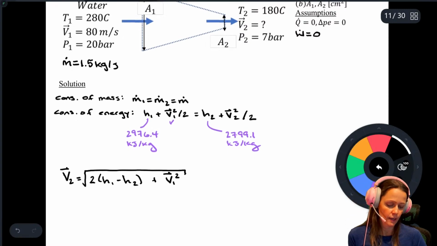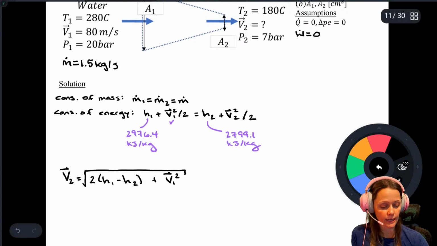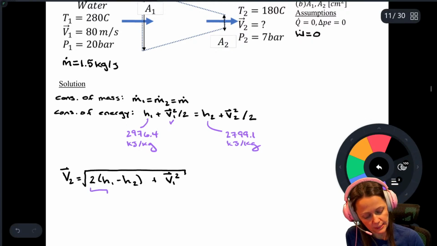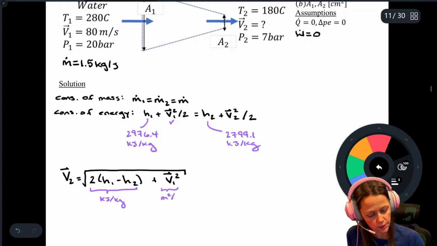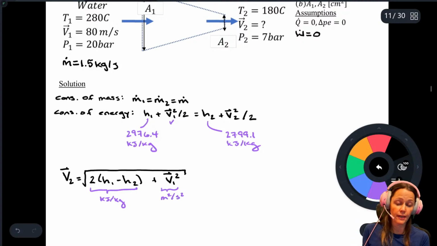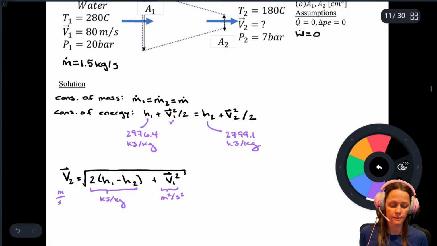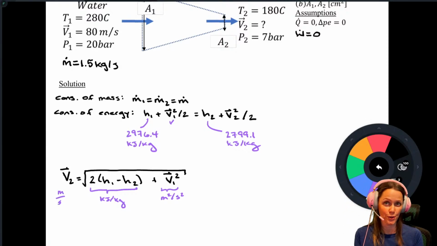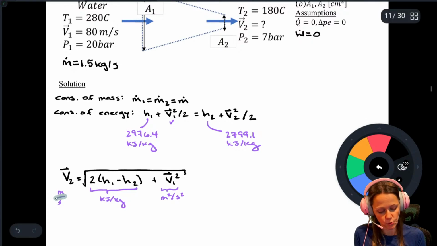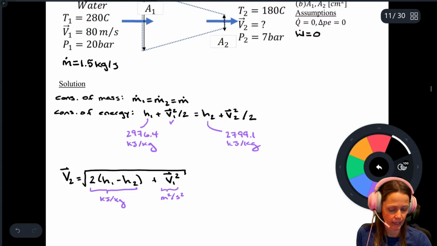You can see my units here: this is going to be kilojoules per kilogram, and this guy is going to be meters squared per second squared. If I want this to be in meters per second, obviously that first term under the square root has to be converted to meters squared per second squared. So I'm going to keep that in mind as I'm writing.